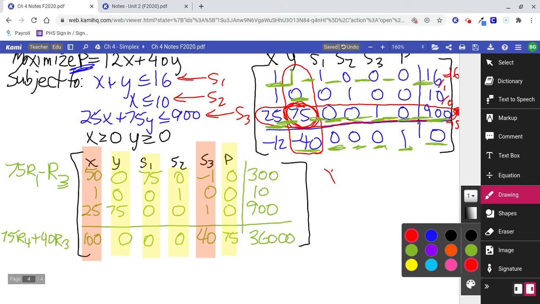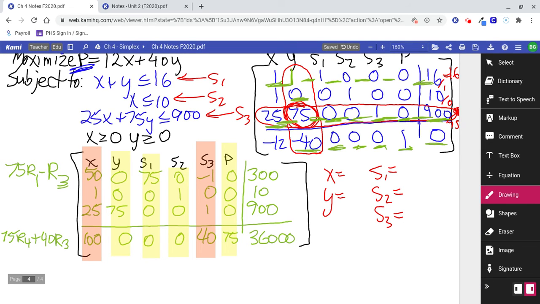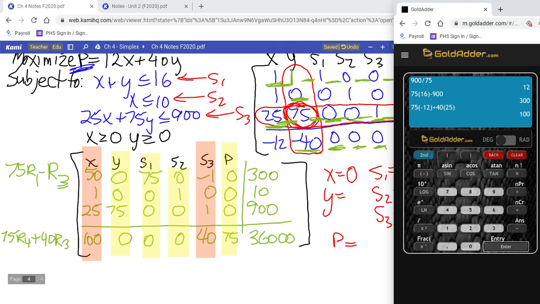So we've got x equals, y equals, s1 equals, s2 equals, s3 equals, and p equals. So x is a non-basic variable. That's always going to be 0. Y is basic. You've got that 75. Make sure you look at the 900. So 900 divided by 75 is 12.